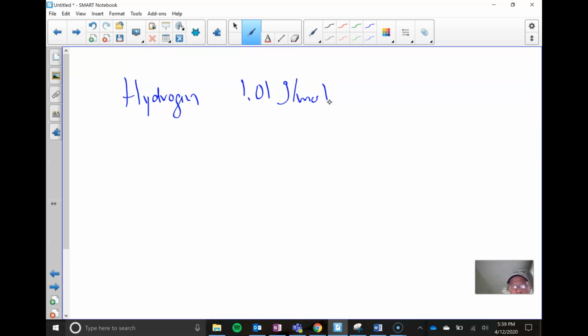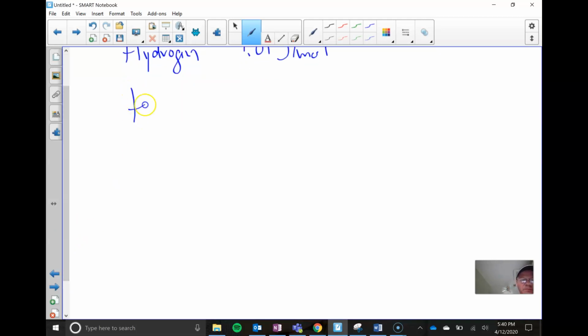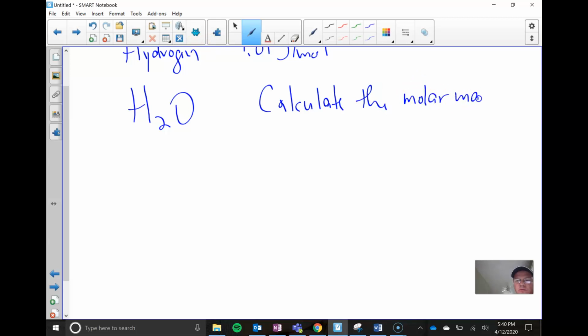Okay, now let's look at a compound then. Let's say that we have a compound like water. If I'm trying to calculate the molar mass for water, let's just write that down in words. Calculate the molar mass of water. Okay, so we have to analyze the formula. Now, water, of course, is H2O, so that means that there's 2 atoms of hydrogen and 1 atom of oxygen.